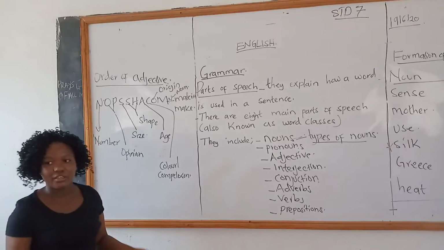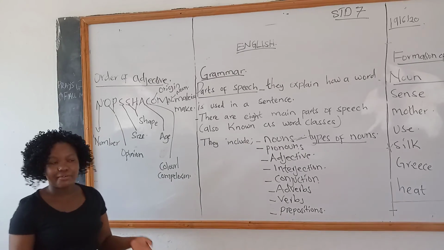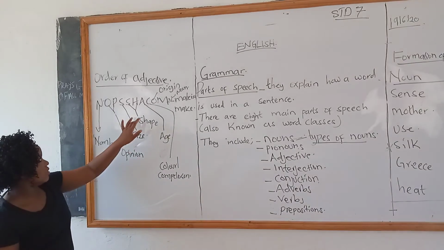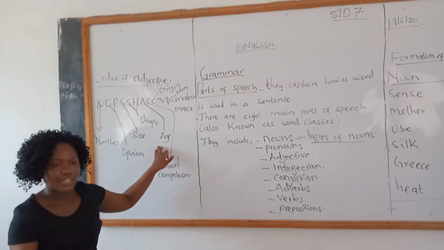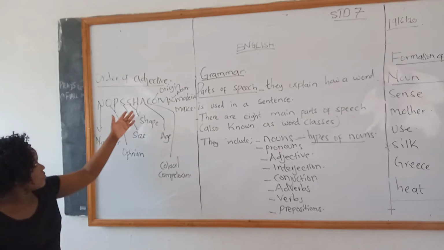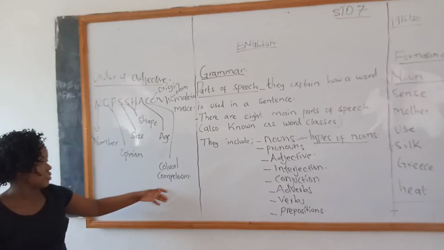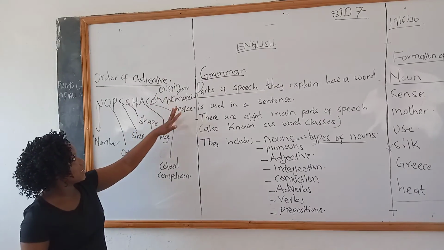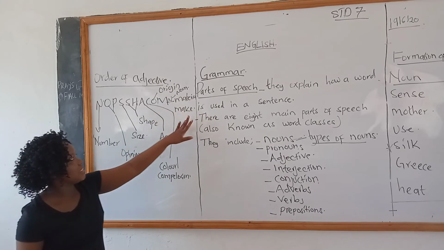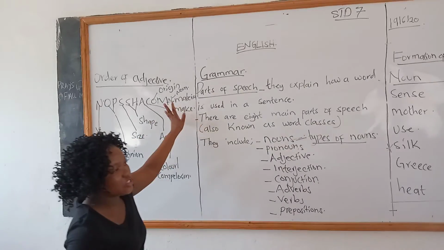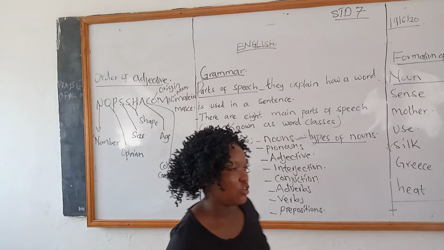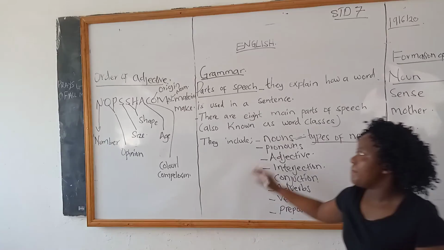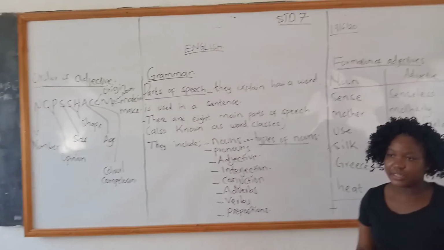Shape can be triangular, circular, rectangular, oval. Then we have age. Is it new? Is it old? Then we have color or complexion. Then we have origin. Then we have material or make. And then the last one is noun. So these are what you need to know when you talk about the parts of speech in English.